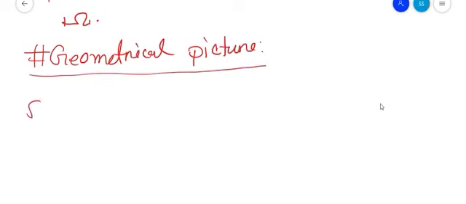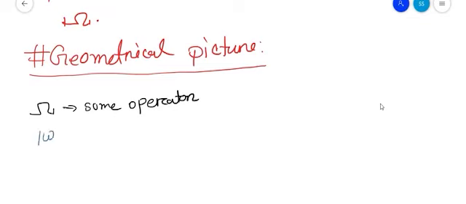So let's say omega will represent some rotation operator, or you know what, let's not take a rotation operator as an example because you might get confused. So omega is some operator, and I will represent the eigenket in blue color over here, with small omega.